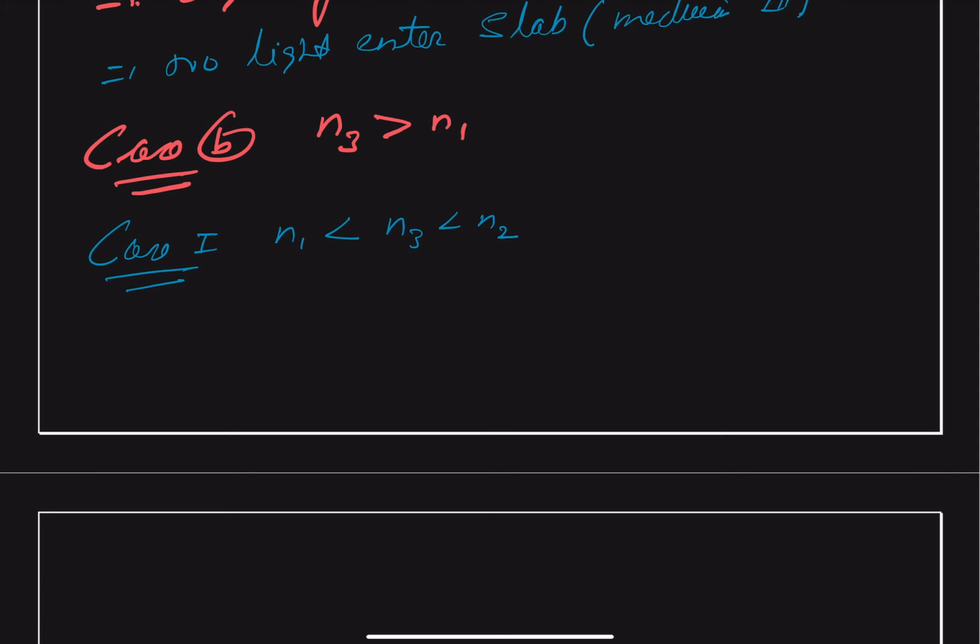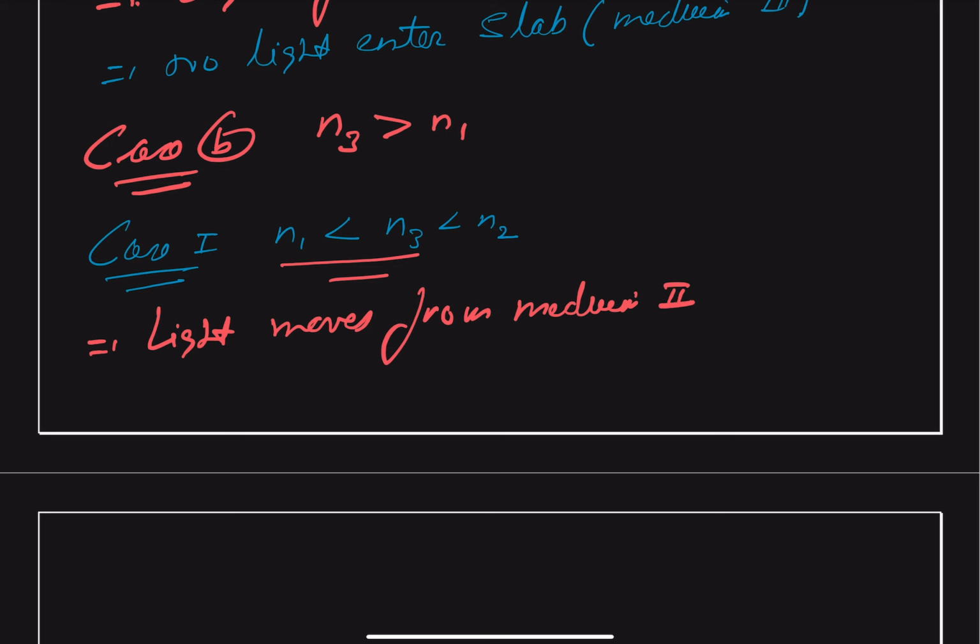So we can interpret this particular situation, and in this case we say that our light moves from medium 2 to medium 3.